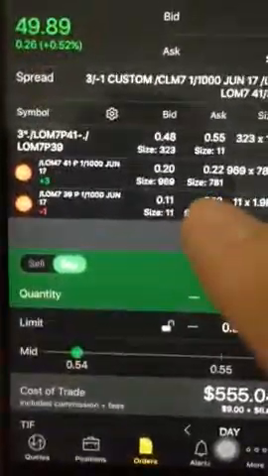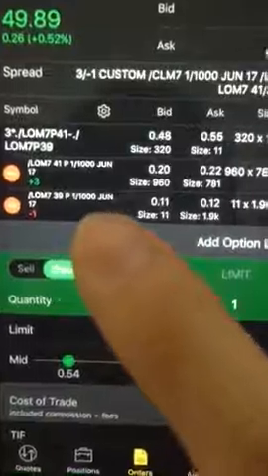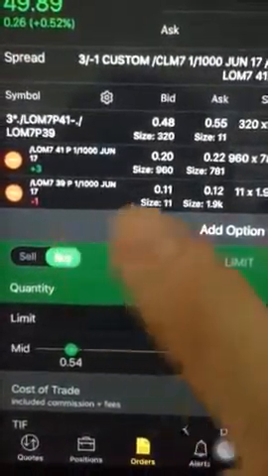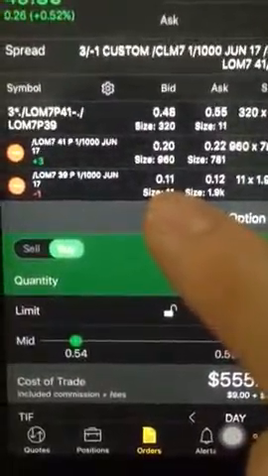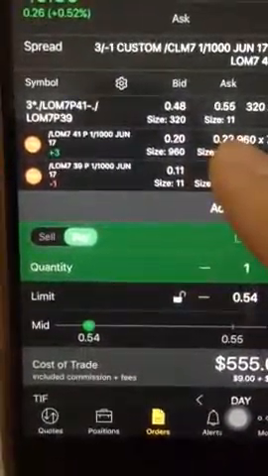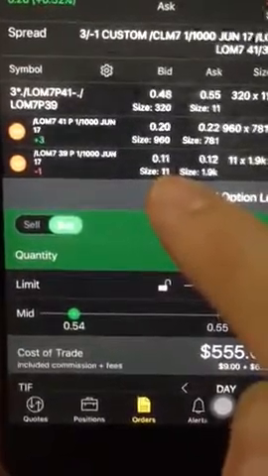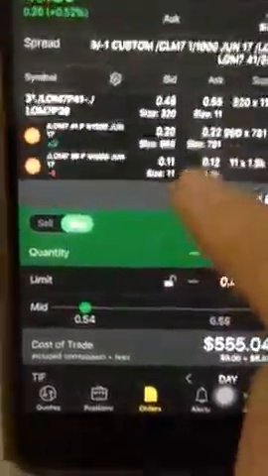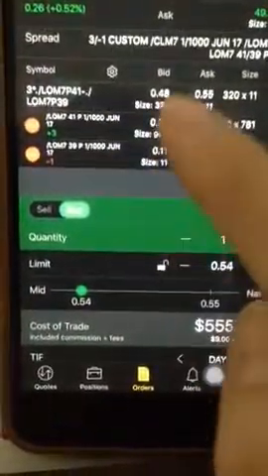Yes, 63 cents premium you need to pay to close 41 put. And by selling 39 put 1 lot, let's say your intended selling price is 11 cents. Just now it was 63 cents, now minus 11 cents, which is 52 cents, which means you need to pay a net premium 52 cents to close this trade.